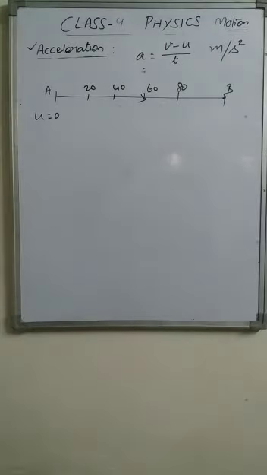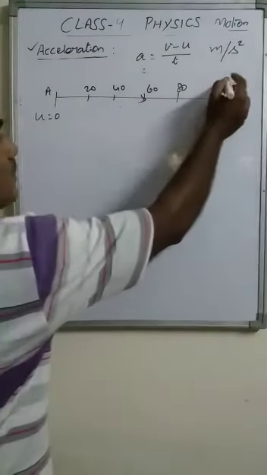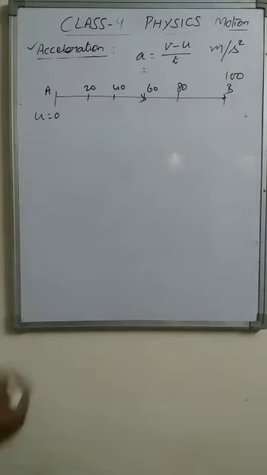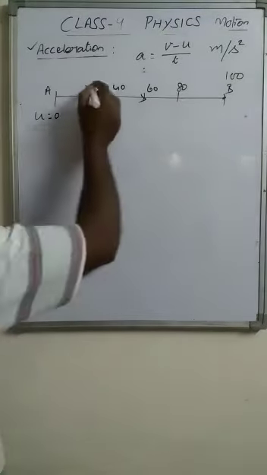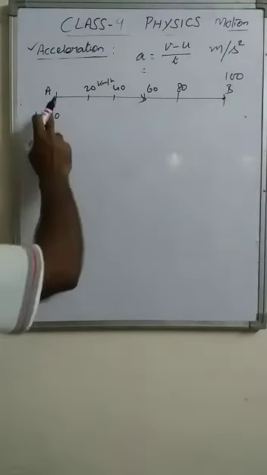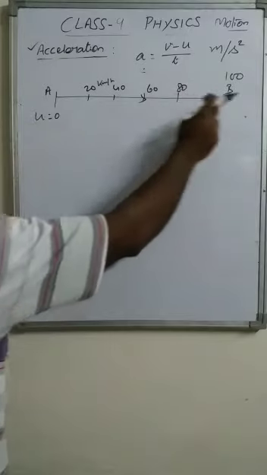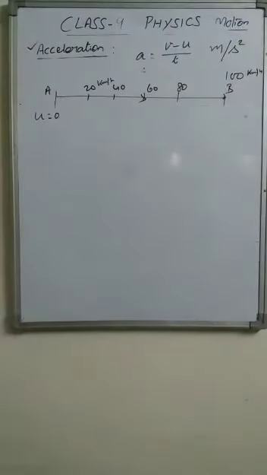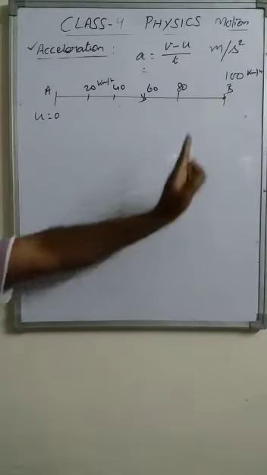And in this case, suppose at this point the velocity is 100, in any unit, let us say kilometer per hour. Initial velocity is 0, final velocity is 100 km per hour. Velocity continuously increases.